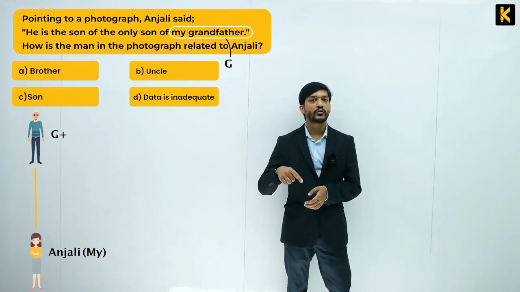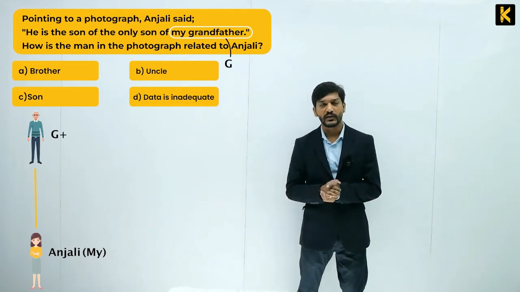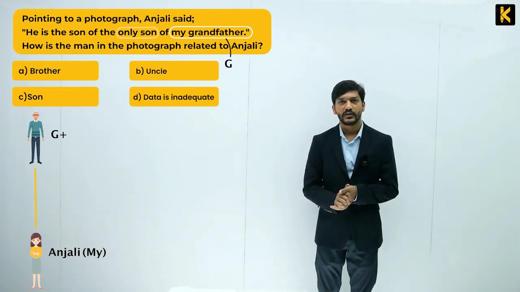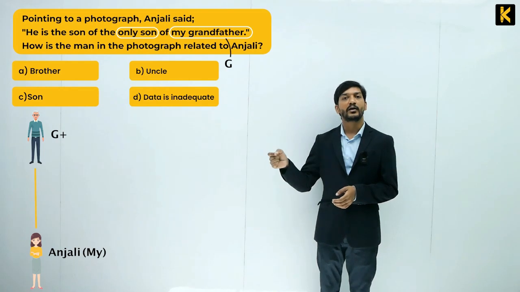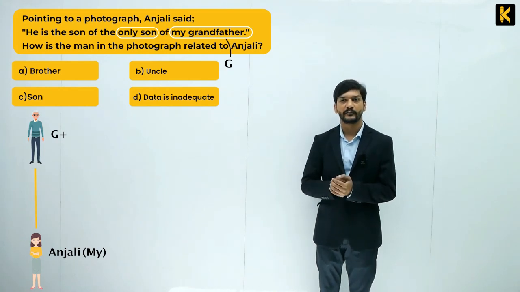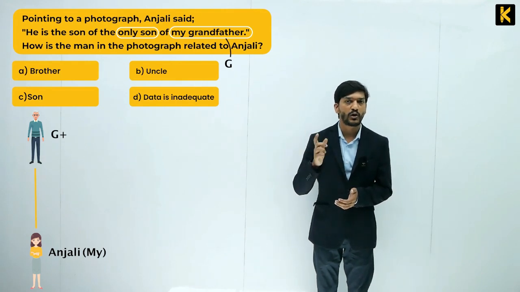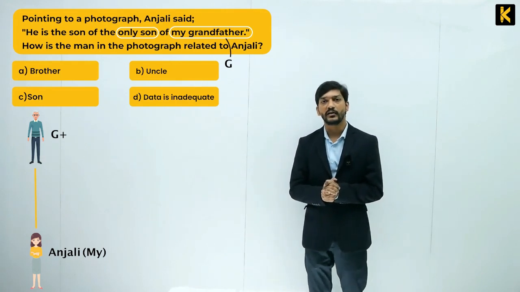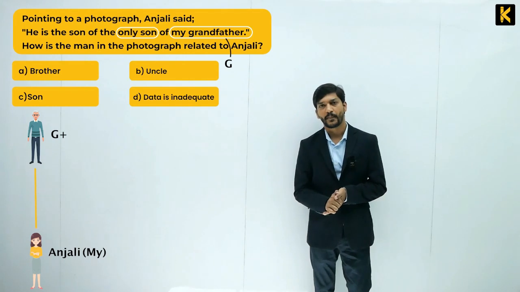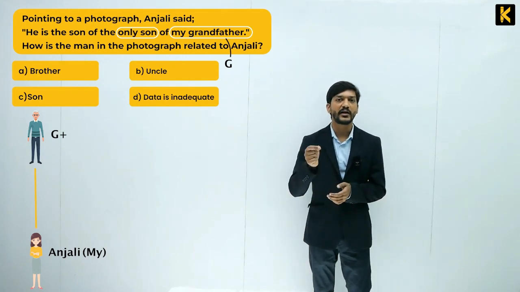Now next. Now you have to go backwards. So if you go backwards, what do you observe in the statement? You observe only son of my grandfather. And my grandfather means G. So now you have to draw the only son of G. G means grandfather.